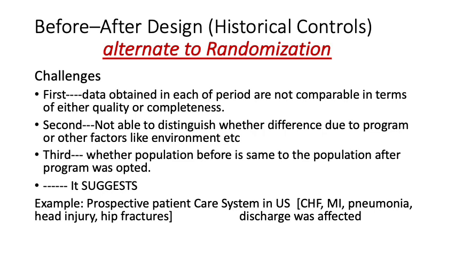Now, over here the examples put forward for your attention were the prospective patient care system in USA for congestive heart failure, myocardial infarction, pneumonia, hip injury and head injury.